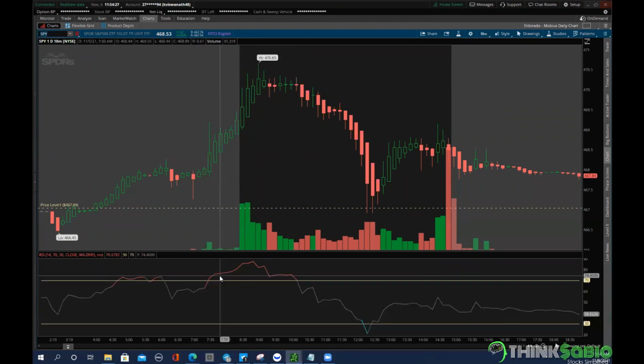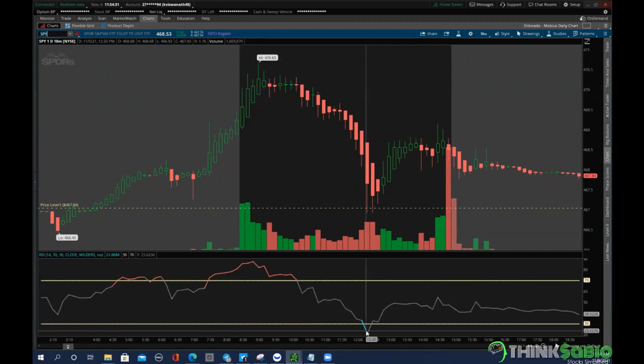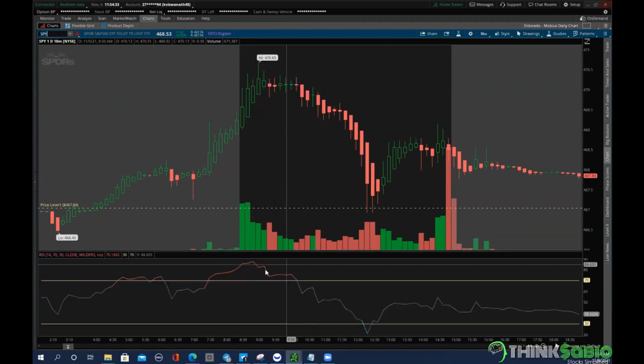It's a good gauge of how overbought or oversold the stock is. It probably works on stocks that are not so volatile, but it's not good for stocks that are really volatile. The reason is that if the RSI is up, it doesn't mean the price will go down, and if it is down, it doesn't mean it will go up.